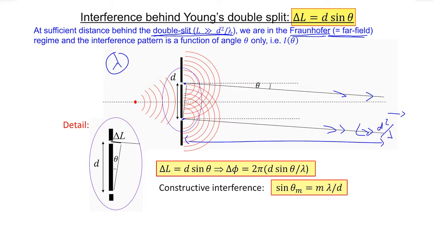So when you want to calculate the phase difference between the light from source 1 and source 2, slit 1 and slit 2, all you have to think about is the path length difference between these two paths, which here, if you magnify it a little, you see here the path length difference, and that path length difference depends, among others, on the observation angle with respect to the surface normal.